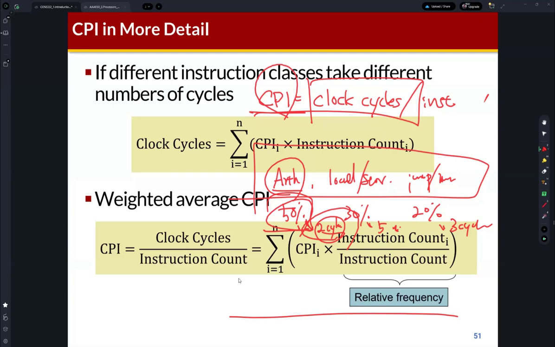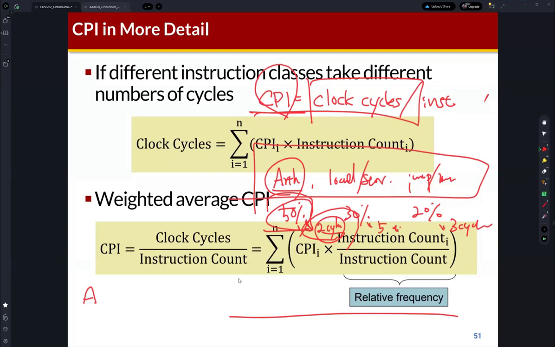Application A may include 50% arithmetic, 30% load store, and 20% jump. And application B, the composition may be different. Application B may include 40% arithmetic, 50% load store, and 10% jump and branch instruction.